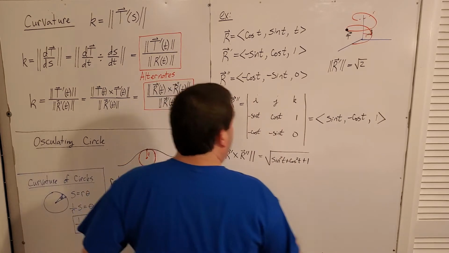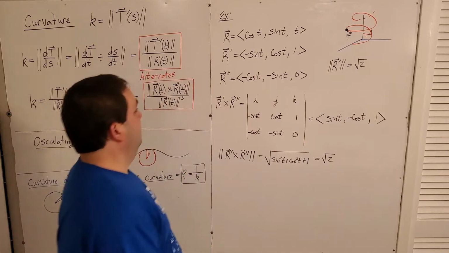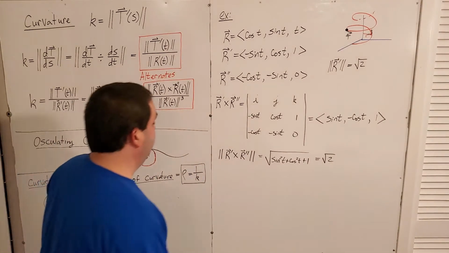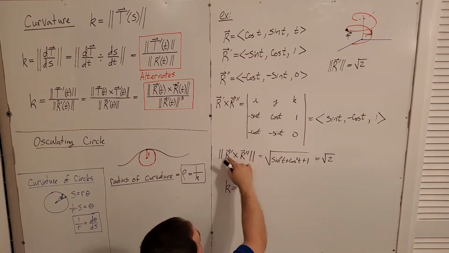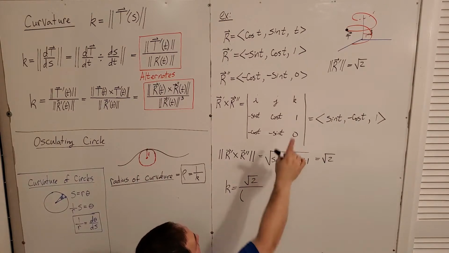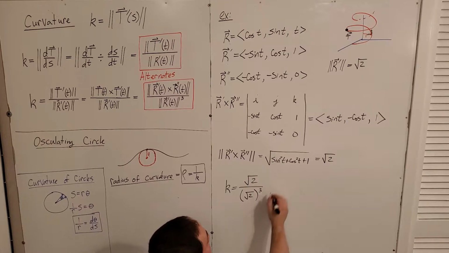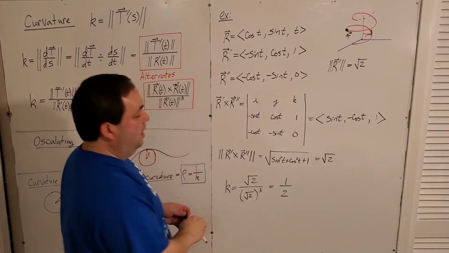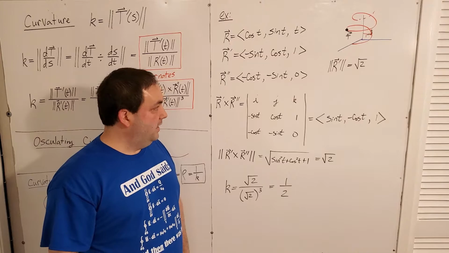Got 1 plus 1, I've got square root of 2, right? For that one. Okay, so now let's do the curvature calculation here. My curvature, k, is going to be this length, square root of 2, over that length, square root of 2 cubed, which, as you can see, still gives me the constant curvature of 1/2, right, as we calculated before.